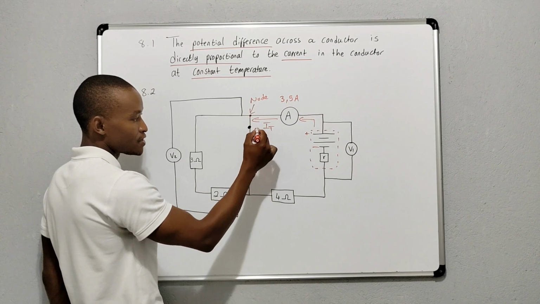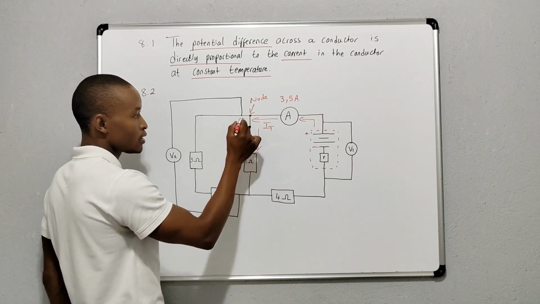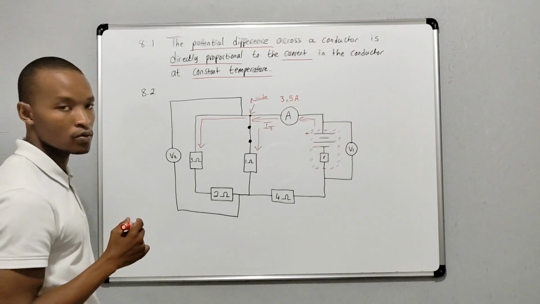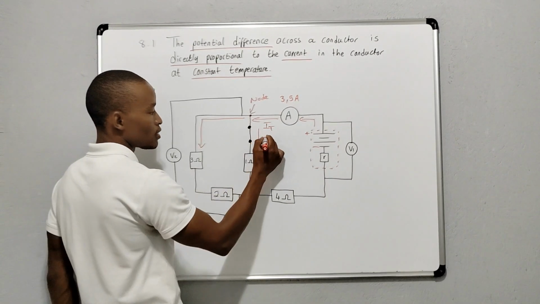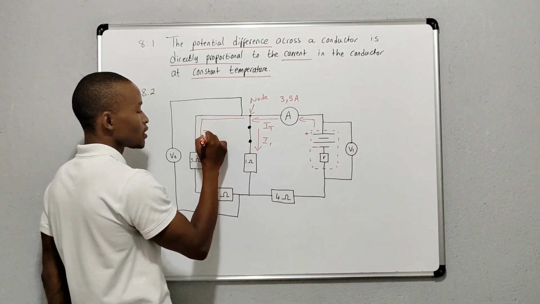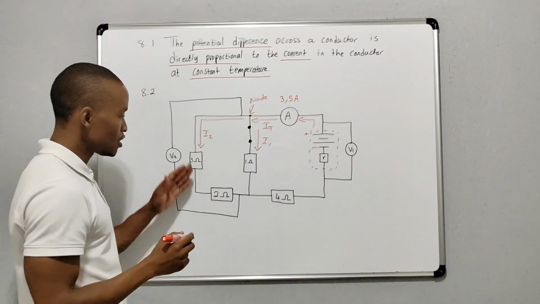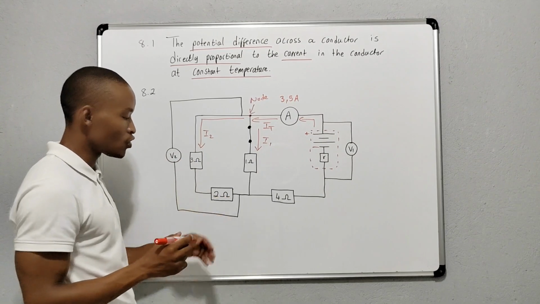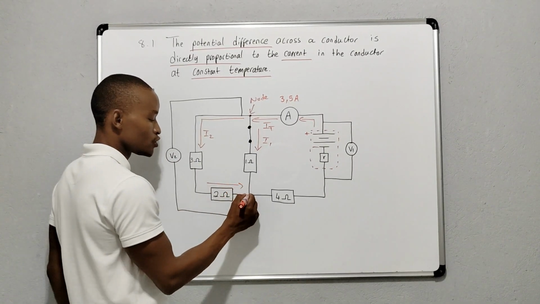There will be current division here. Some current will go down here, and some, or the remaining charge, will go down this other path. So we call this I1, we can call this I2, okay? So I2 will flow through the 3 ohm and the 2 ohm resistor going into this node.